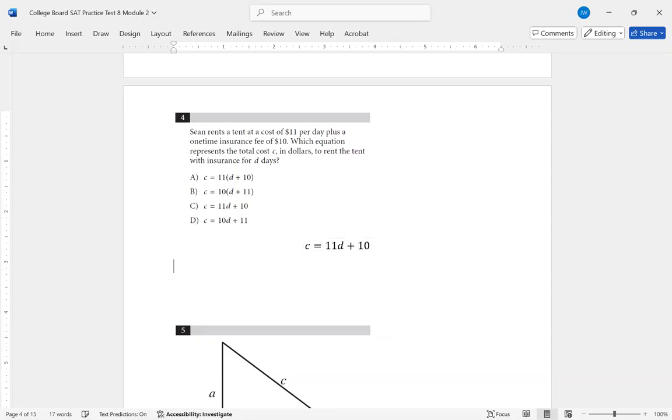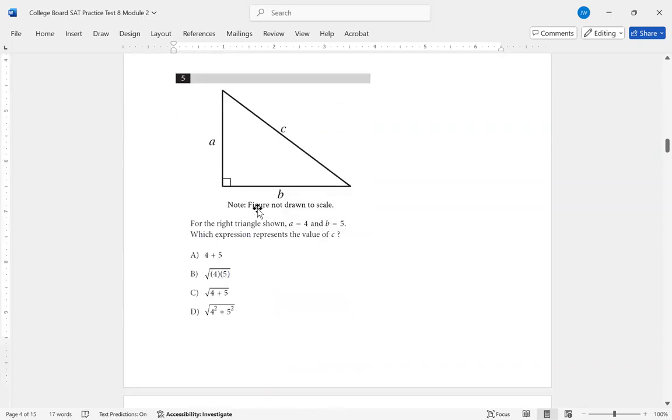And that's all we're looking for. C is equal to 11D plus 10. And that is option C. So the answer to question 4 is C.